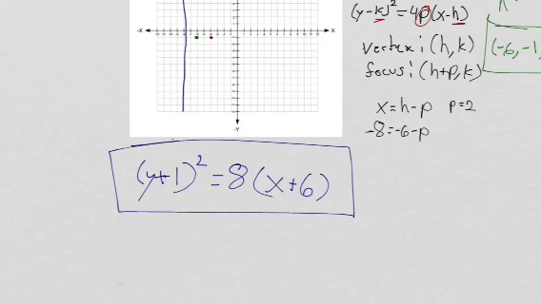So to graph it, I'm just going to go ahead and find the y-intercept by plugging in 0 for x. So when we plug in 0 for x, we'll get 8 times 0 plus 6, which is just 8 times 6, which is 48. So we get that is equal to this y plus 1 squared.